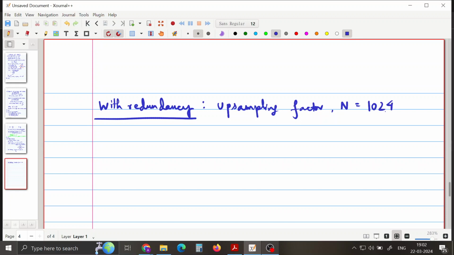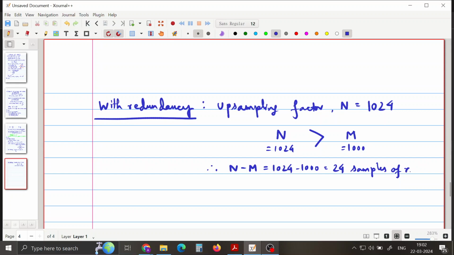That is 1024. So clearly N, which is 1024, is greater than M, which is 1000, and that means that there are N minus M, which is 1024 minus 1000, that is 24 redundant symbols or 24 redundant samples.